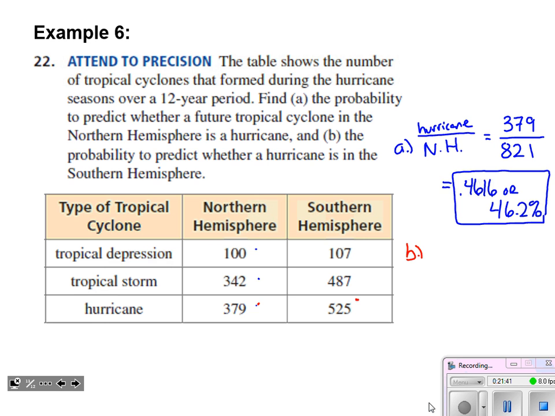Letter B, now, if we're in the southern hemisphere and we have a hurricane, over the total number of hurricanes. So southern hemisphere hurricanes, we had 525. Total number of hurricanes, we had 379 plus 525. That's 904 total hurricanes. And that gives me 0.5808, or about 58.1%.